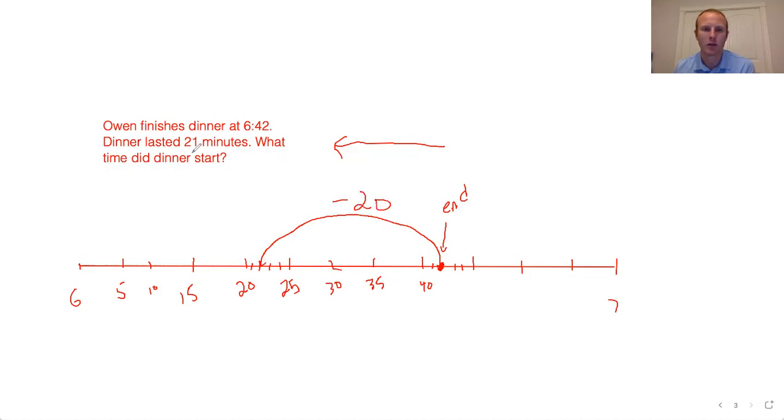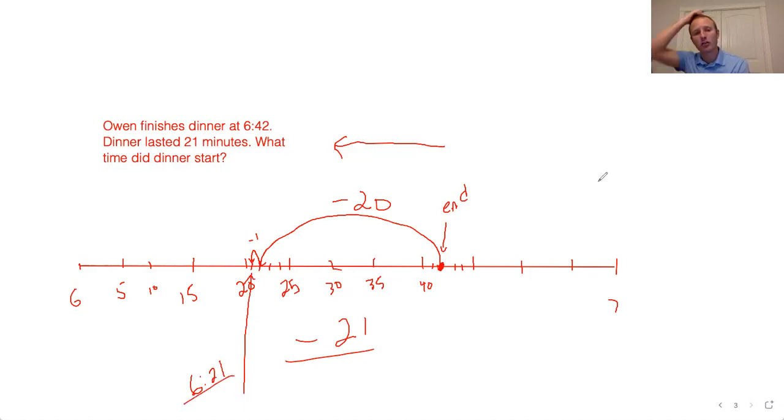But I need to go back 21 minutes, which means I need to make one more little hop to the next digit there. That's minus 1. So I've shown that I've gone back a total of 21 minutes, and I started, actually, Owen started at 6:21. That's the start time.